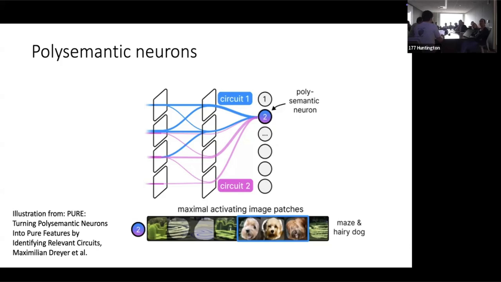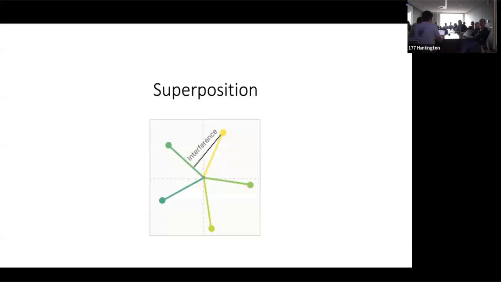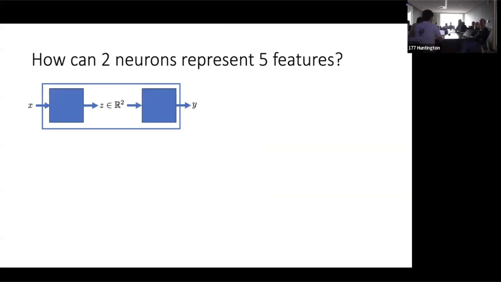And recently, people came up with this superposition theory. It's more like a hypothesis. It's not really a theory that makes predictions like theories you have in physics. They came up with this explanation that could be underlying this polysemanticity phenomenon, and it basically addresses the following puzzle.